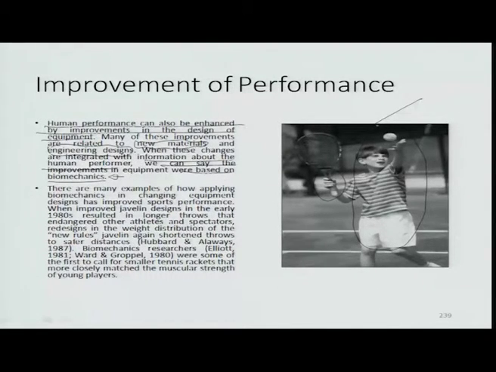So there are many examples of how applying biomechanics in changing equipment designs has improved sports performance. For example, let's consider javelin throws. In the 1980s javelin designs were altered significantly. That's because improved javelin designs in the 80s resulted in longer throws, and that started endangering the other athletes around in the arena where such a throw would take place, or even the spectators sometimes.